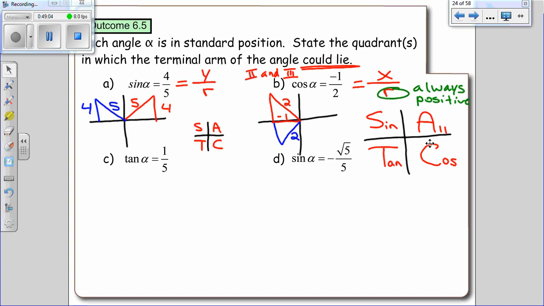All right, down here, tan equals 1 over 5. You need to know that tan equals y over x. That means positive 1 over positive 5, right? That would make sense, so that could go up here at 1 comma 5.